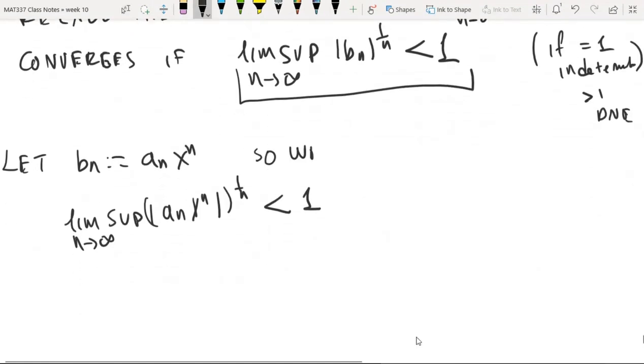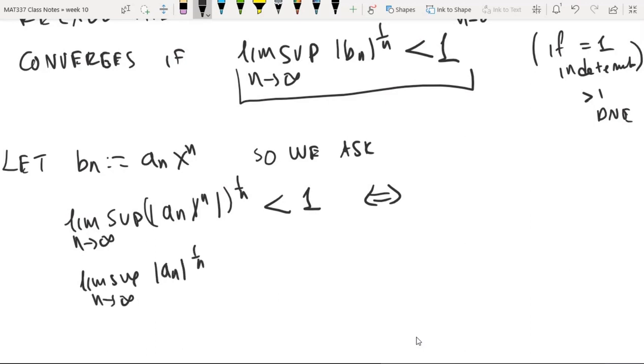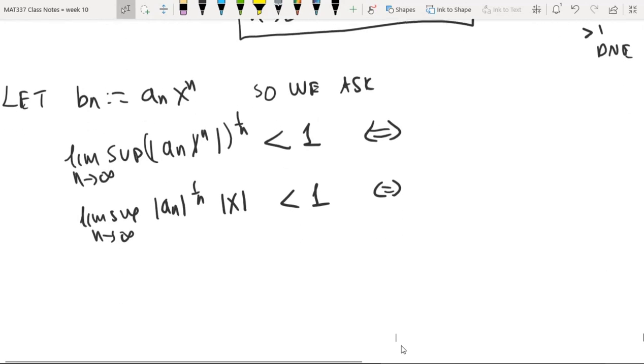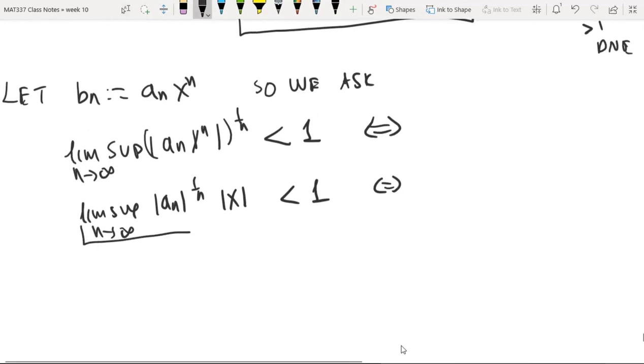But here you see there's a nice cancellation: the lim sup of an, times x, is less than 1. And yeah, we call this guy alpha. So we get x is strictly less than 1 over alpha. Okay.